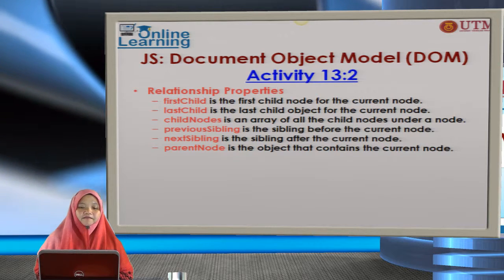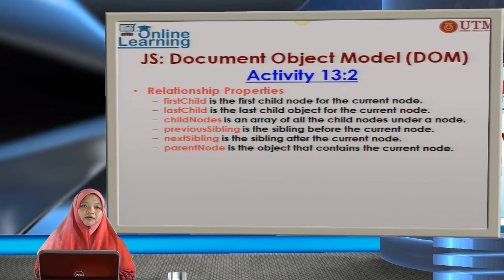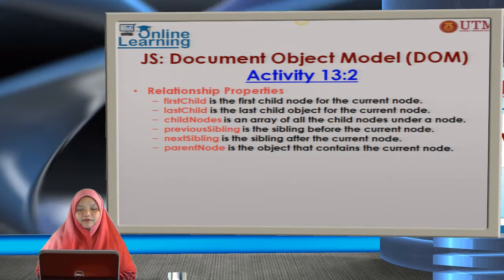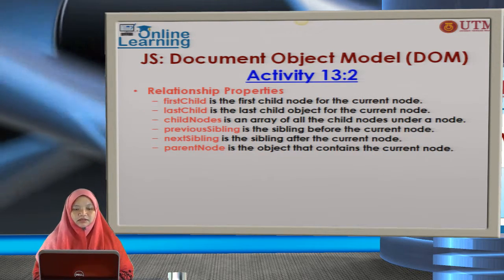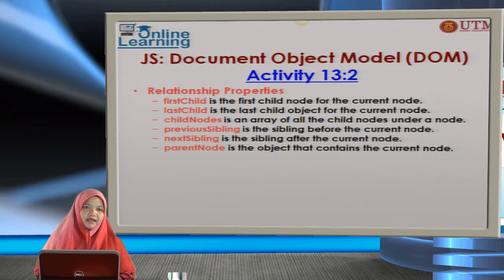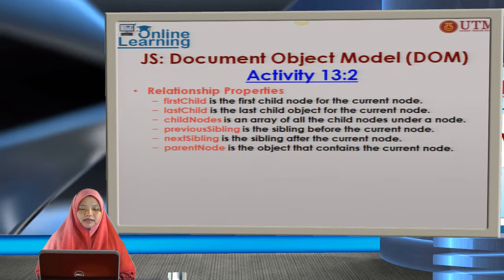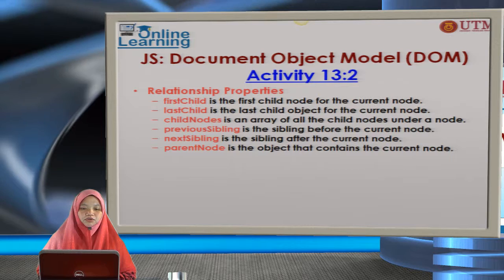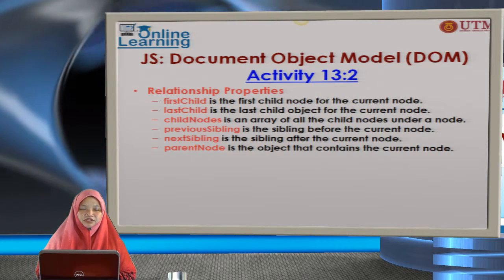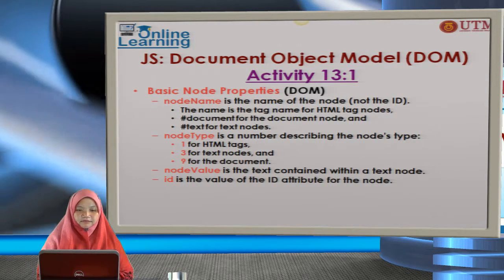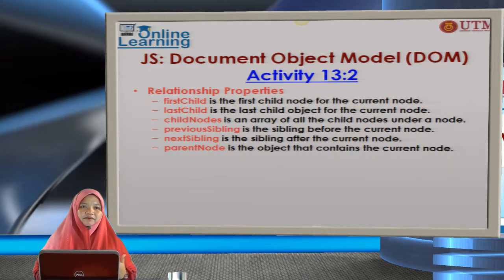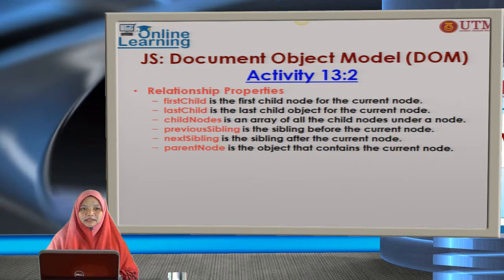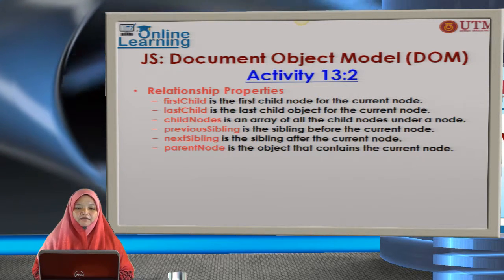You can see here there are firstChild, lastChild, childNodes, then previousSibling, nextSibling, and the last one is parentNode, right? You have to understand all these relationship properties. Other than the previous basic node properties, this is more detailed.